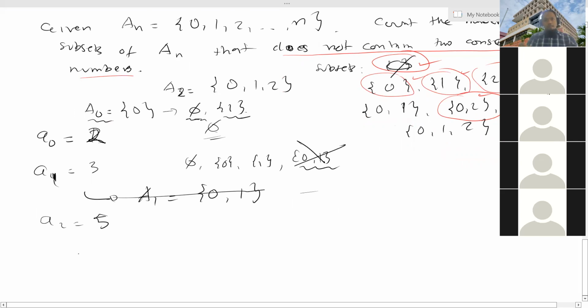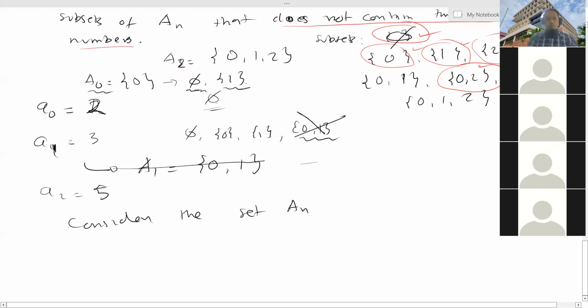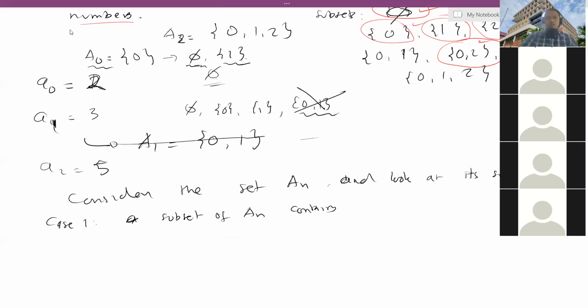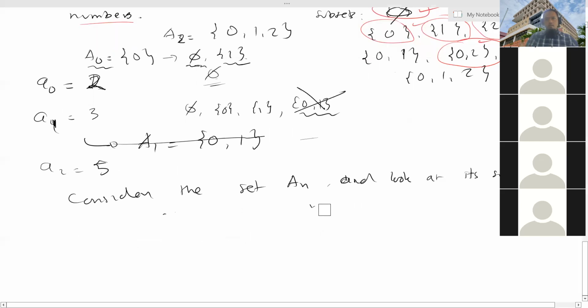So now let's generalize this. Let's consider the set An. Suppose B is a subset of An.